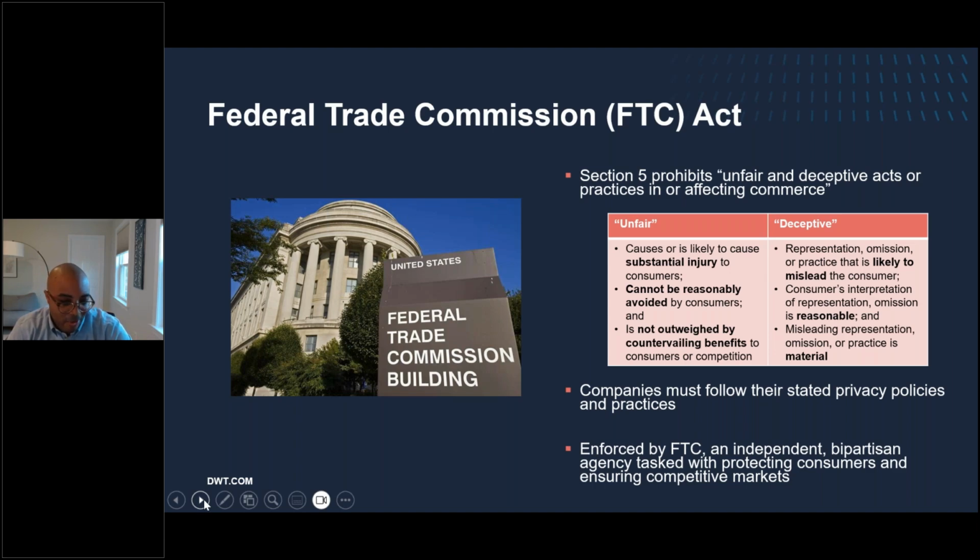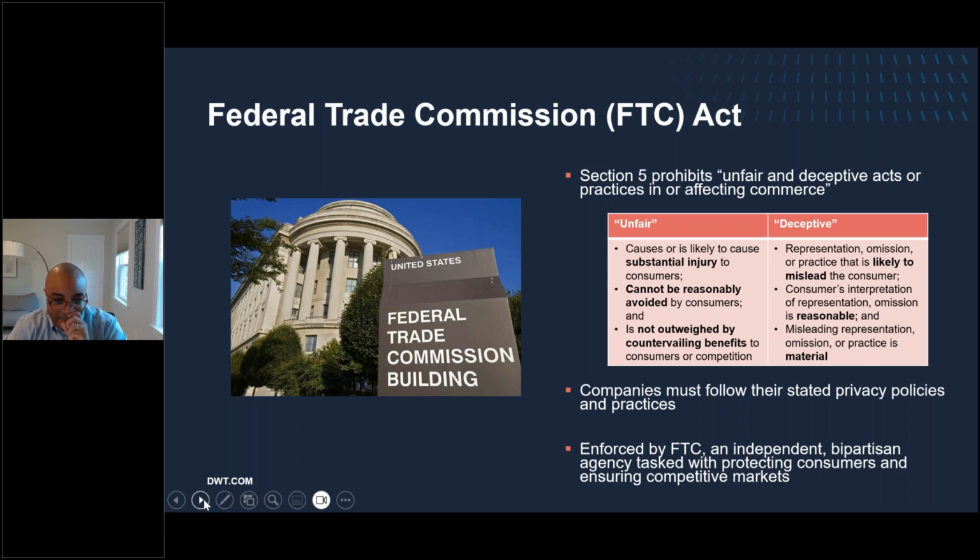So it's important to make sure that if you have a privacy policy, or there are privacy practices being relayed to the public, they are accurate and comprehensive. Obviously, when things are not accurate or comprehensive, you may hear the FTC come knocking. The FTC is the Federal Trade Commission, the commission for which the FTC Act is named.